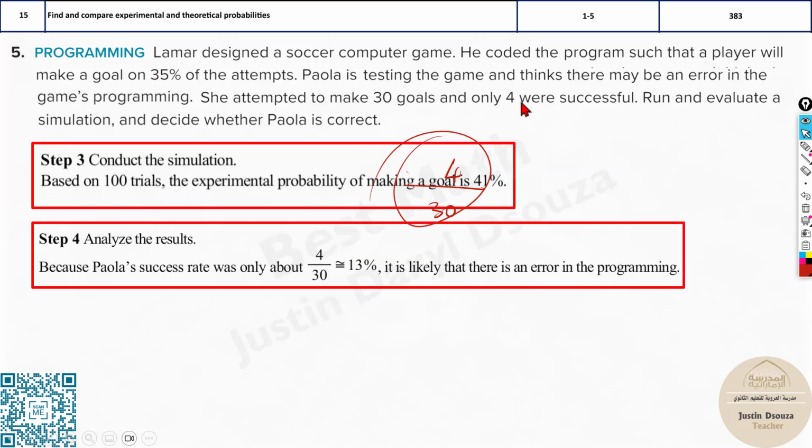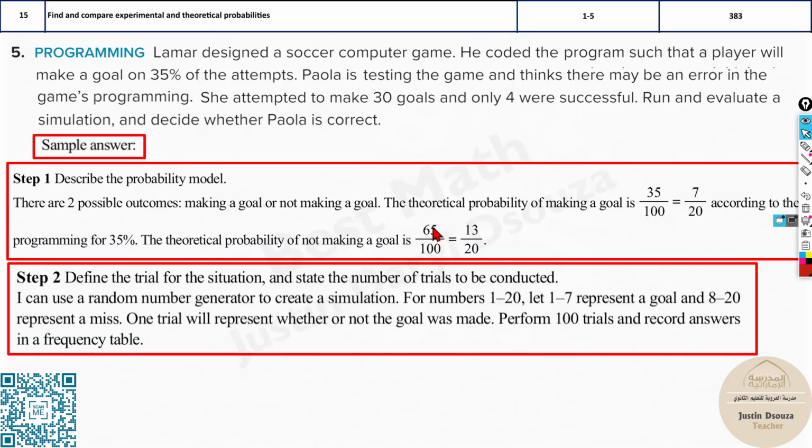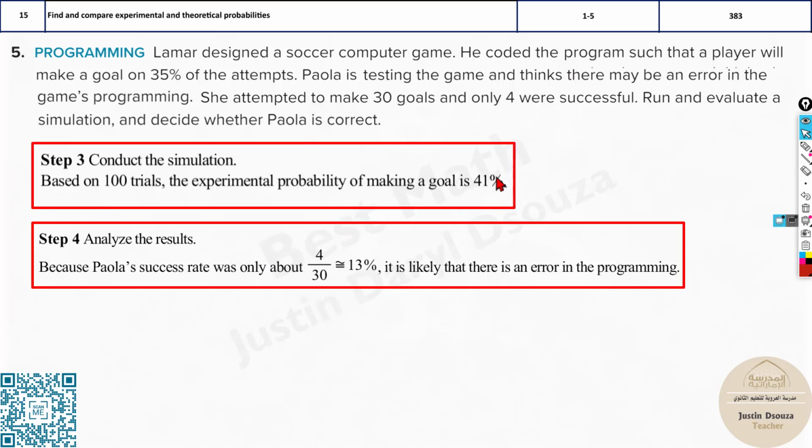But when we see this one over here, they are expecting you to do an experiment. You should just tell you did an experiment like spinning a spinner or something, and then you got around 41%. So if you do a spinner, say a spinner with 35% goal and remaining 65% not goal, and then if you do an experiment over here, they got 41% in the experiment.